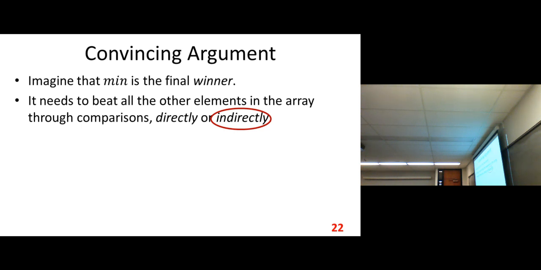We know A is smaller than C by the transitivity property. This order relationship can be transferred. So after these two comparisons, we say A beats C indirectly, because they never play any game, but we know A beats C. That's indirectly. So we also need to include this case.